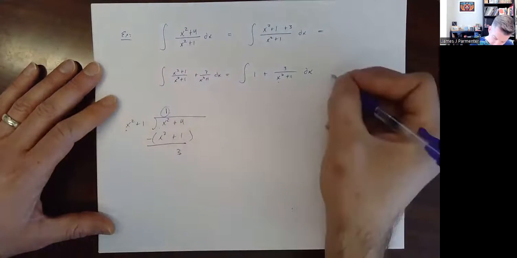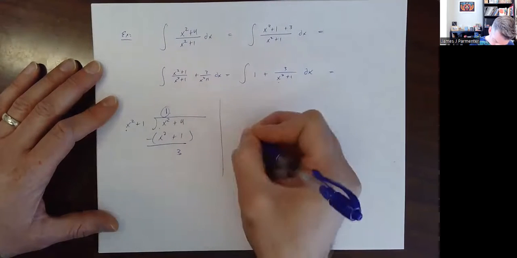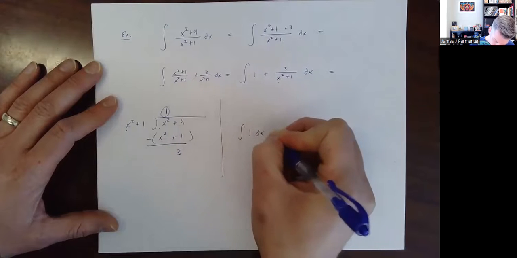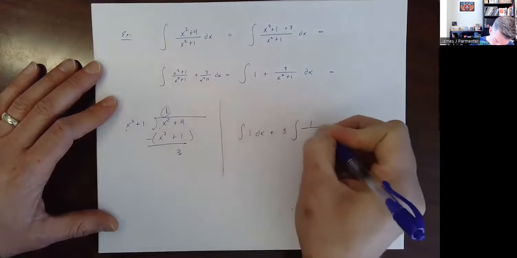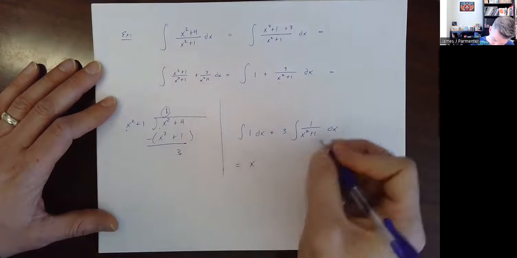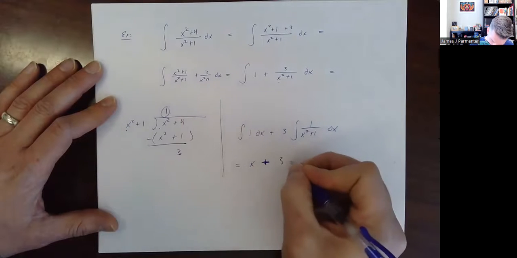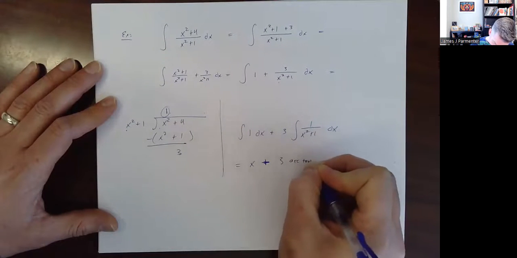I'm going to break this up to make it super obvious: the integral of 1 plus 3 times the integral of 1 over x squared plus 1. That's going to be x plus 3 times the arc tangent.